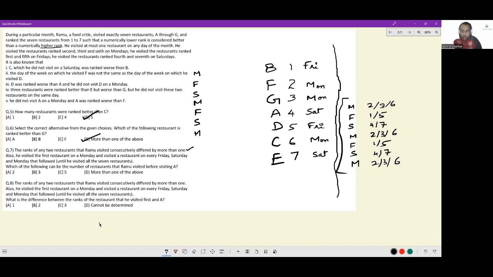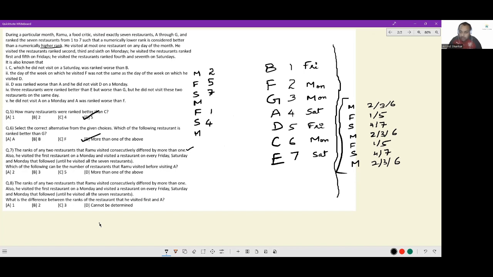If I take 2 on the first day, then for the next visit he cannot go to 1, as they would be consecutive. So he has to go to 5. And as soon as one Friday is fixed as 5, the other Friday is fixed as 1. Similarly, as soon as 5 is fixed on Friday, the next Saturday cannot have 4. It has to be 7. And as soon as a 7 is fixed here, the other Saturday is fixed as 4.